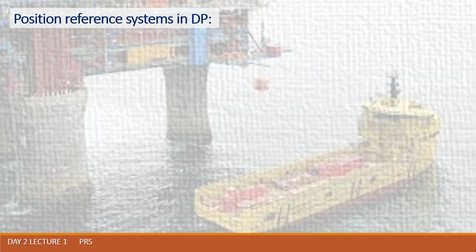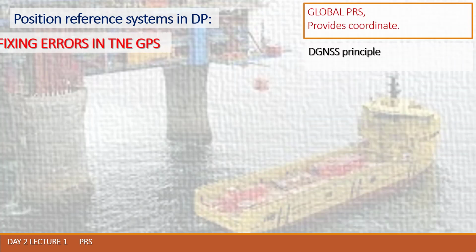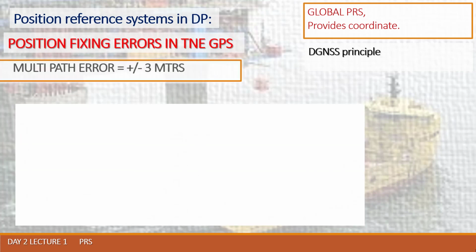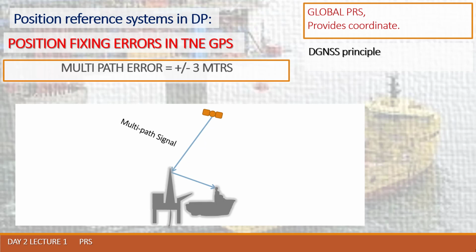Multipath is also a position fixing error in the GPS system. It gives us a deviation in position calculation of about plus minus 3 meters. Multipath is presented by the reflection of the radio signal from metal structures, giving us a longer signal travel distance compared to the true range.